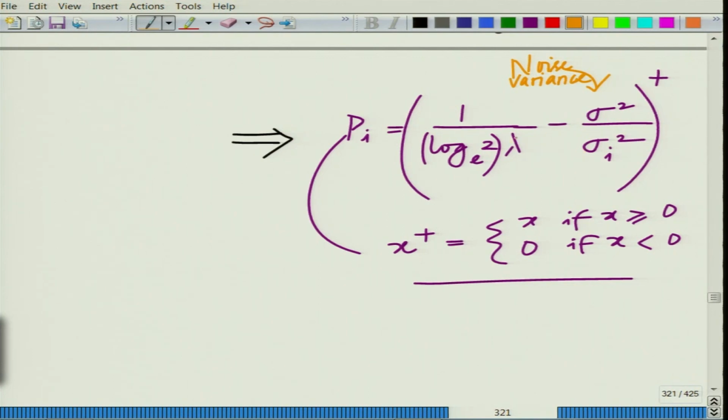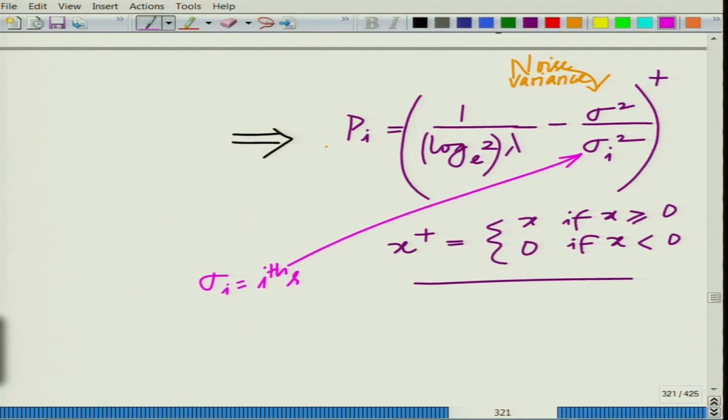and if you recall, sigma_i equals the ith singular value. In fact this log 2 to the base e times lambda, you can set it as a parameter, you can simply call this lambda tilde, okay, because this is just a parameter.